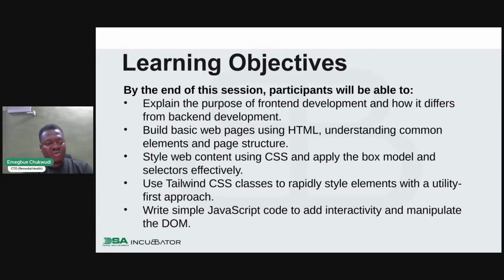Then we will use Tailwind CSS classes to rapidly style elements with a utility-first approach. Write simple JavaScript code to add interactivity and manipulate the DOM. So I think that is that. We'll dive right into the class.